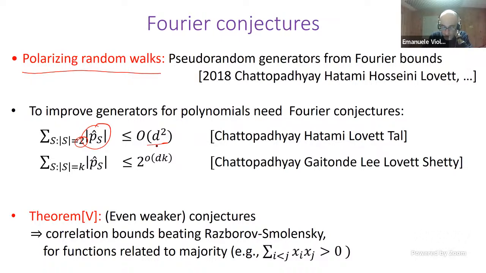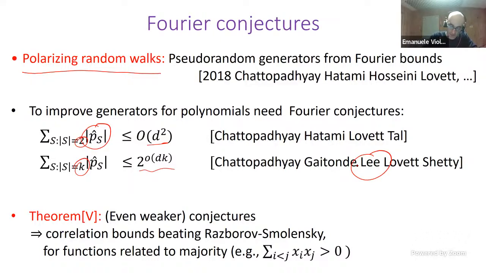More generally, it was conjectured that if you look at the sum of the Fourier coefficients of size k, you get this bound here. The second bound was also quoted by Glee, who's a very strong PhD student of mine. He is currently on the job market, so you should interview him and hire him if you can.